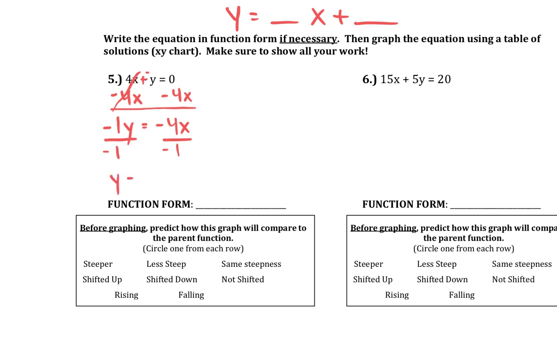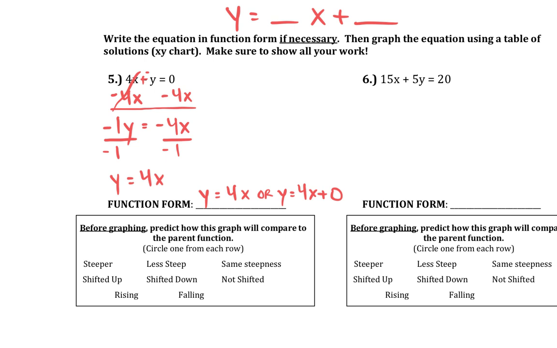And so I get y equals negative 4 divided by negative 1, which is positive 4x. So there's function form. It's y equals 4x, or if you wanted, you could say y equals 4x plus 0. You can put the plus 0. You don't have to. It doesn't change the problem one way or the other. All right, step 1 done.